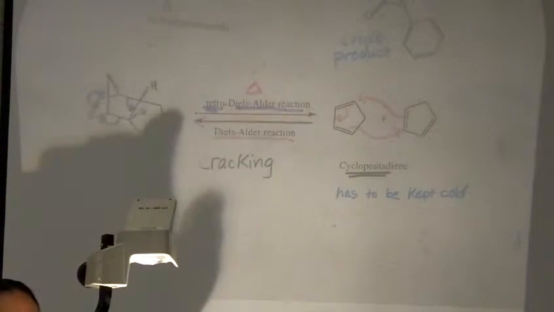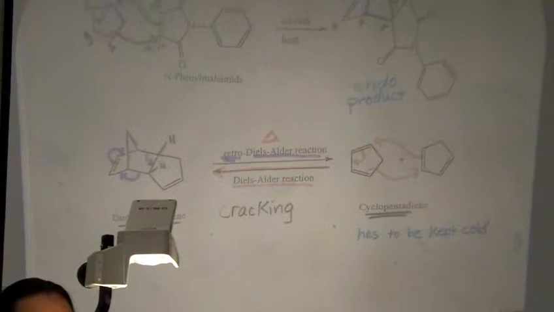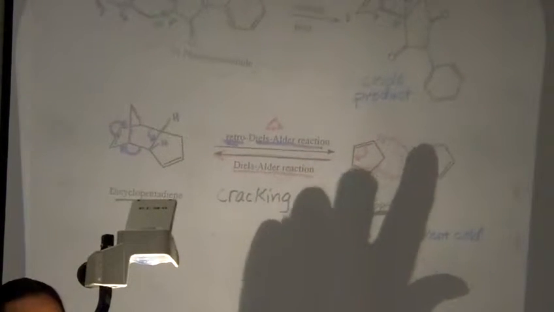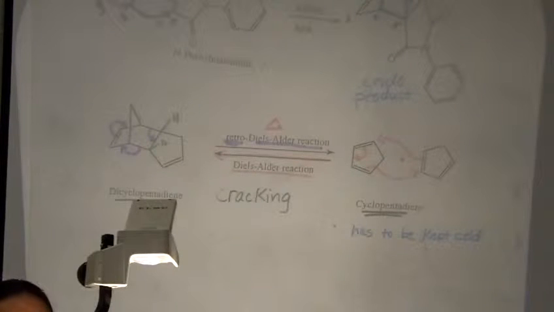Now, the one little caveat to this, which means that I get to come in super early for morning labs, is cyclopentadiene doesn't usually hang out as cyclopentadiene. It actually wants to hang out as its dimer. It likes to hang out as dicyclopentadiene, okay? And so what we have to do to get our cyclopentadiene is what's called a retro-Diels-Alder reaction.